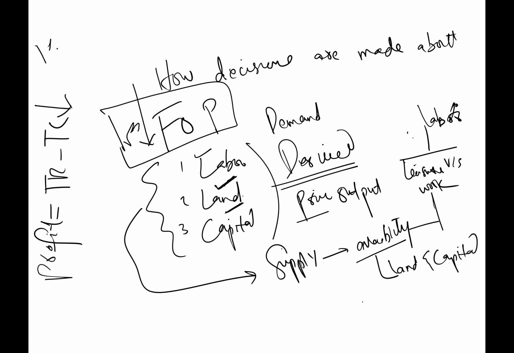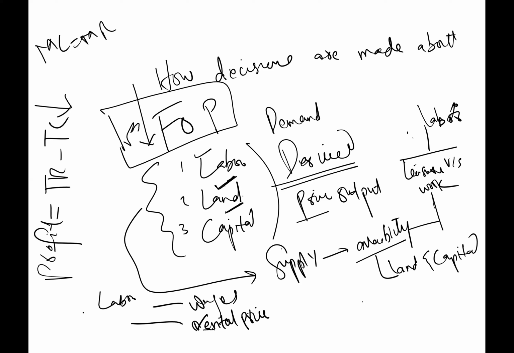In the market, MC is equal to MR. But in case of factor of production, it is the wages or rental price, this is the case of labor, and this is the case of land and capital, right?